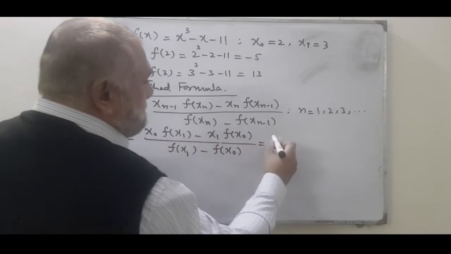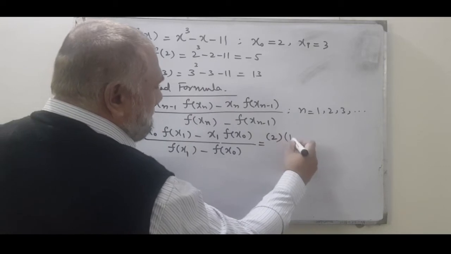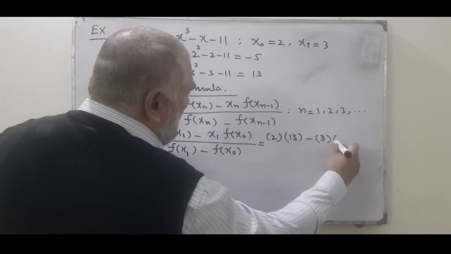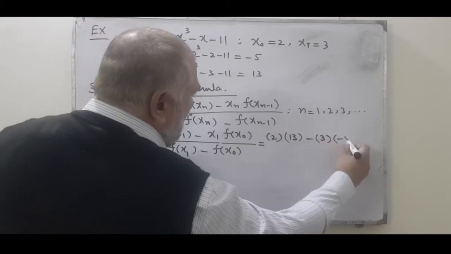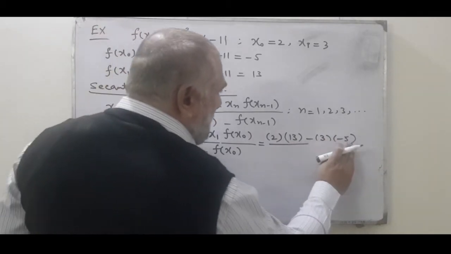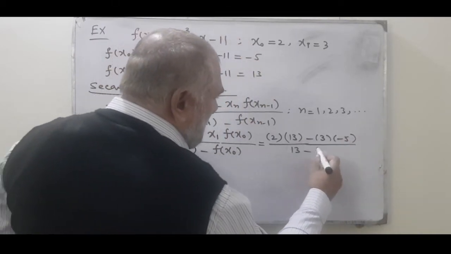So we can bring them here: x0 is 2, f(x1) is 13, x1 is 3 and f(x0) is -5. In the denominator we can also substitute the same: the function value 13 minus -5.